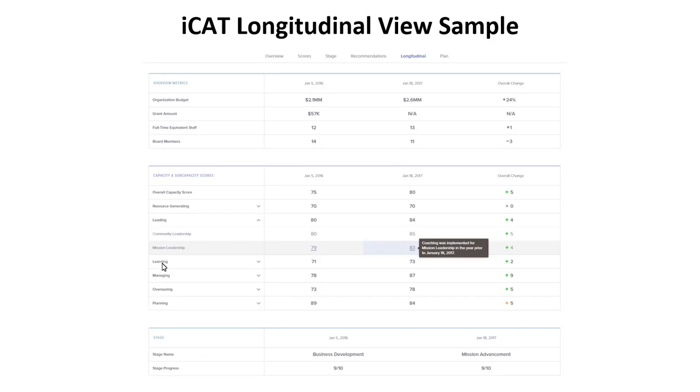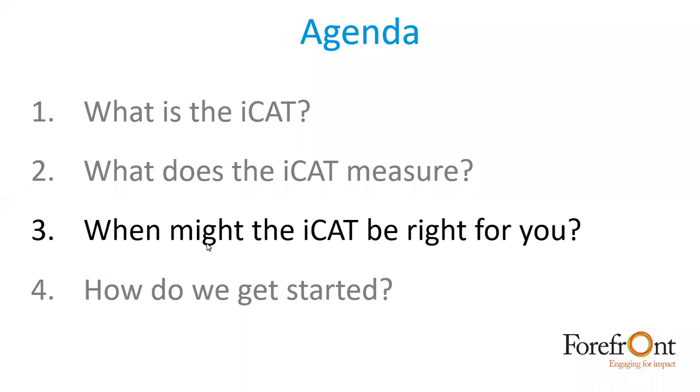So now that we know a little more about what the iCAT measures and how it shares that information, let's talk about just sort of deciding when it might be right for you as an organization to use this tool.